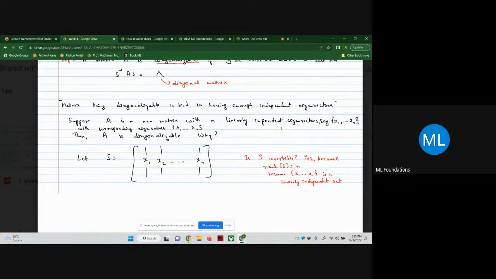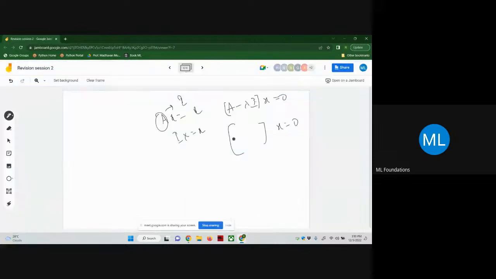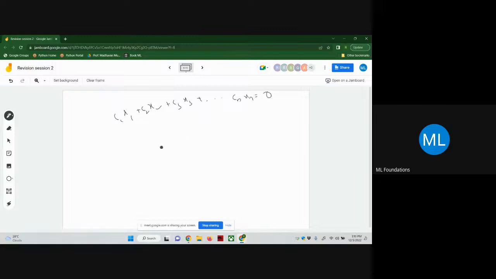When I mean independent eigenvectors, previously I said they should be perpendicular, but they need not be perpendicular. They can just be something like, if you have x1, c1 x1, c2 x2, c3 x3, and so on, cn xn, for it to be equal to 0, c1 should be equal to 0, c2 should be equal to 0, and so on, cn should be equal to 0.